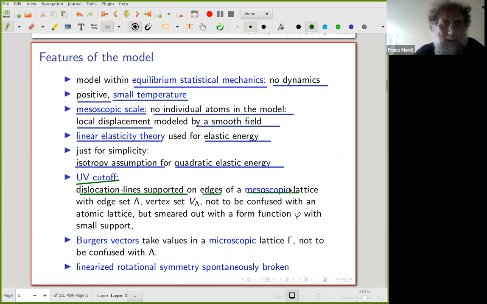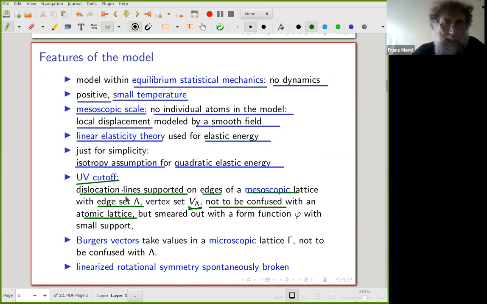The atomic lattice actually is not modeled at all, but just in order to reduce the combinatorial complexity of possible dislocation lines, we allow dislocation lines only on the edges of a mesoscopic lattice, with an edge set which is denoted by Lambda. The vertex set is denoted by V Lambda. And once again, it should not be confused with the atomic lattice.